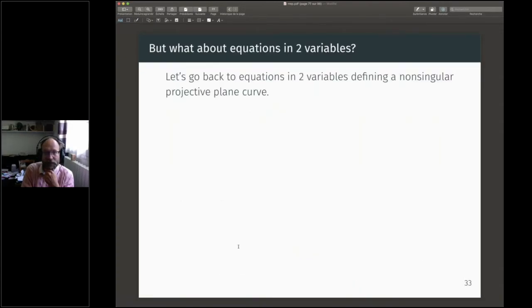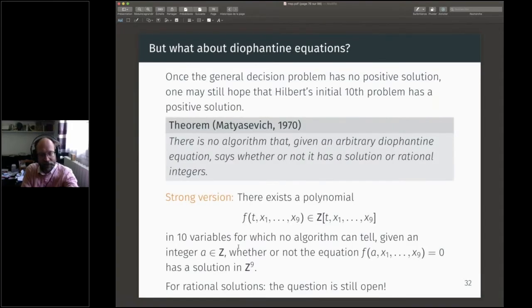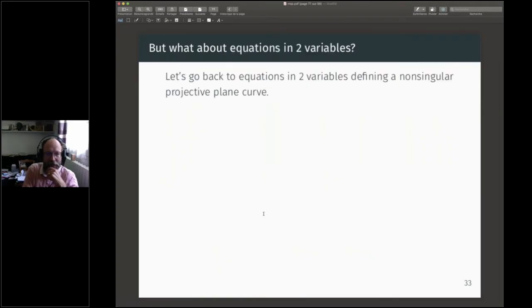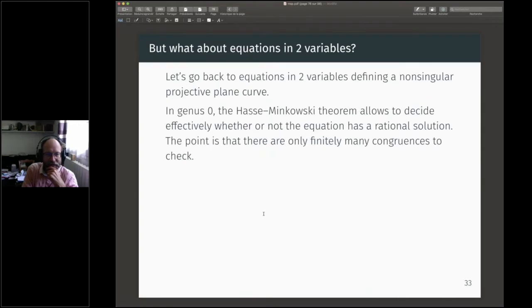And in degree 2, maybe it's still possible, because in this case we need 9 unknowns to have a negative solution. In genus 0, the Hasse-Minkowski theorem is very explicit, so it allows you to decide effectively whether there are rational solutions of degree 1 or 2.